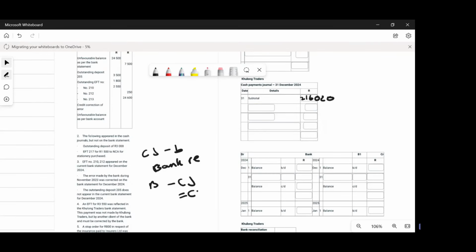Because, for example, the bank recon is just us trying to balance off the business books and the bank, to say if our business books say that we have 50,000 rand cash in our bank, the bank also needs to have that same figure so that you know that things are balancing.